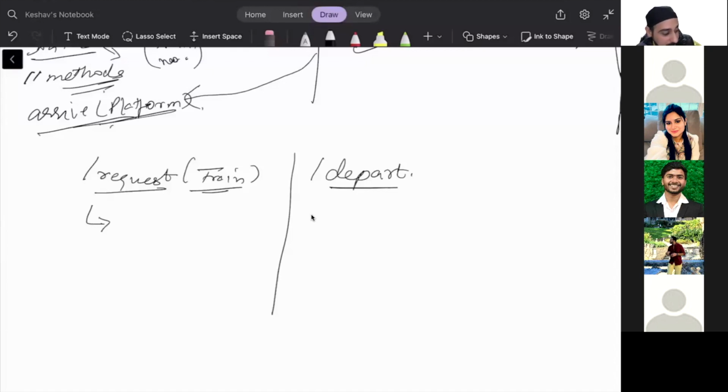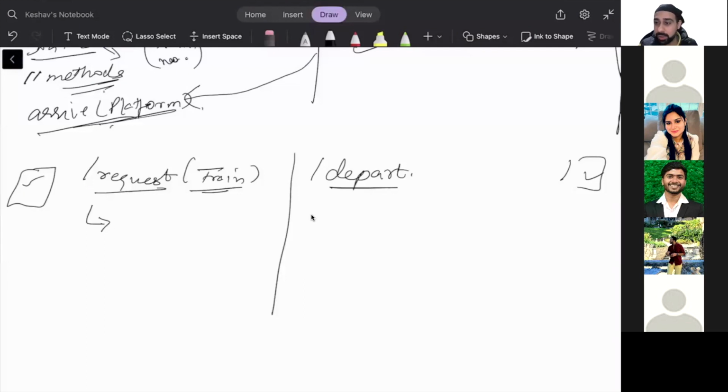Think of the solution for this particular part, the request part and the depart part, and how would you club them together? What we are looking at over here is a train. I'm a train, I'm coming to a station and I'm saying I need to request a platform. I should be notified.